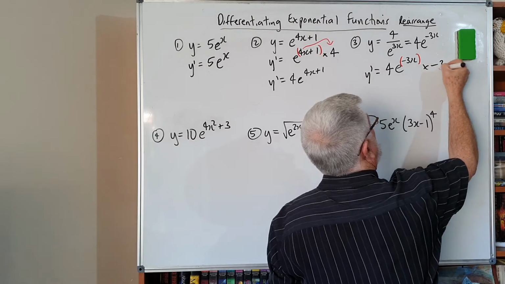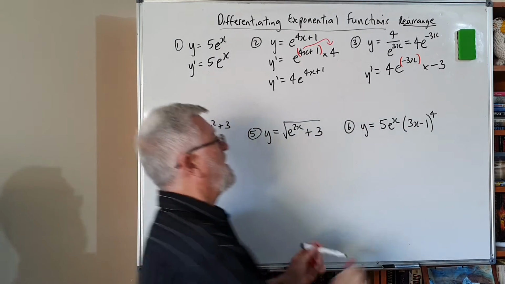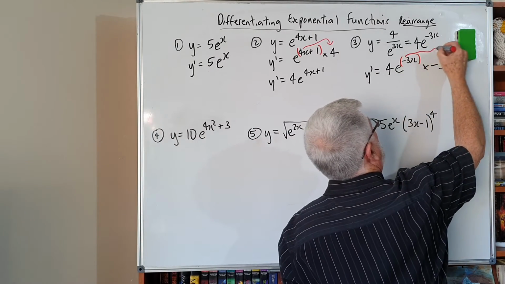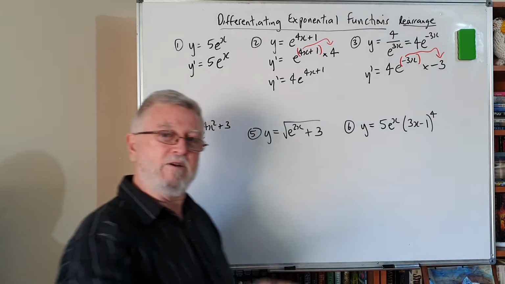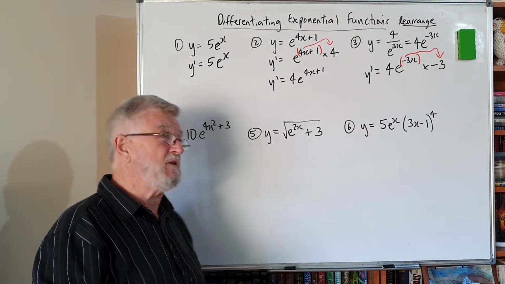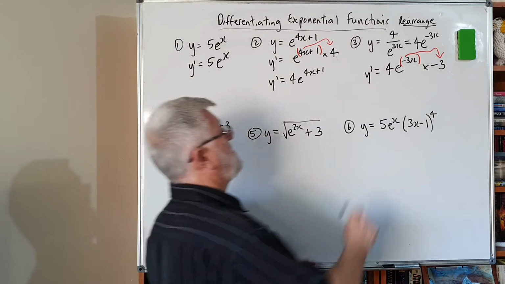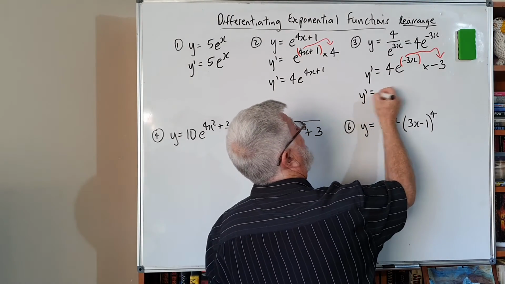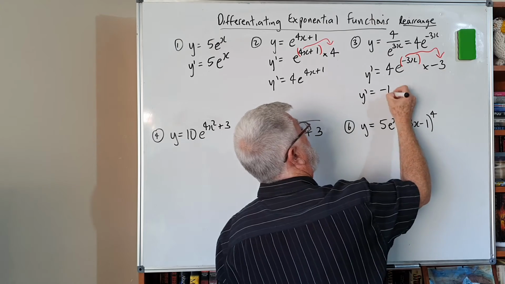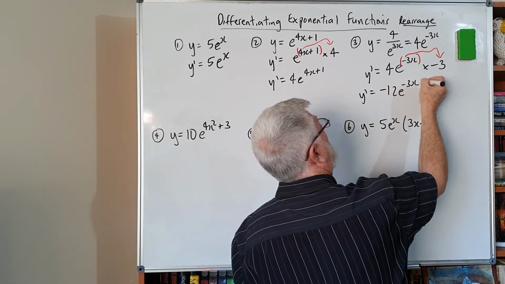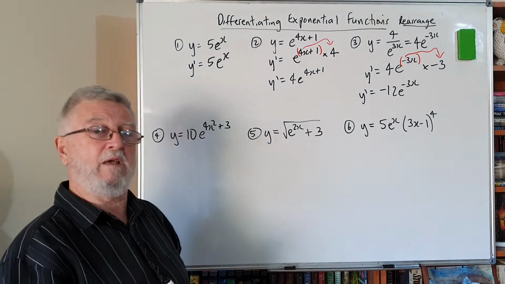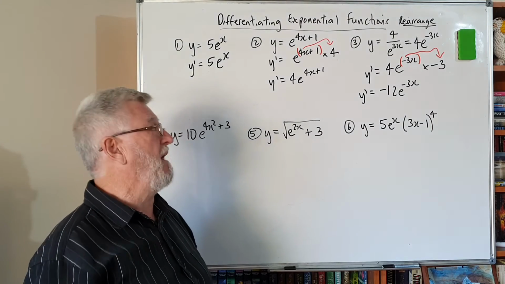It's that much more complicated. So I keep putting an arrow on it saying that goes out to there. And I'm putting these arrows on, especially when we reverse the process and we're integrating or anti-differentiating. So the answer to the question is minus 3 by 4 is minus 12 e to the minus 3x. And I have students say to me, is that full marks and is that far enough?